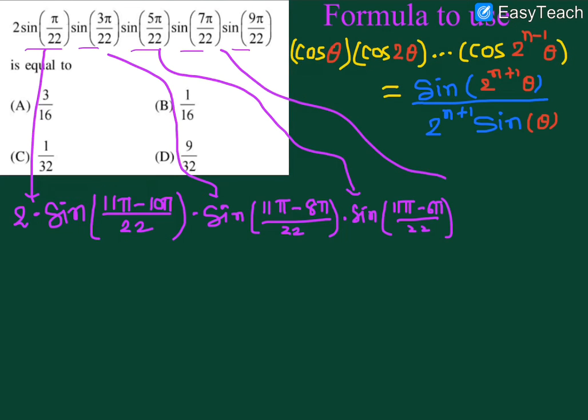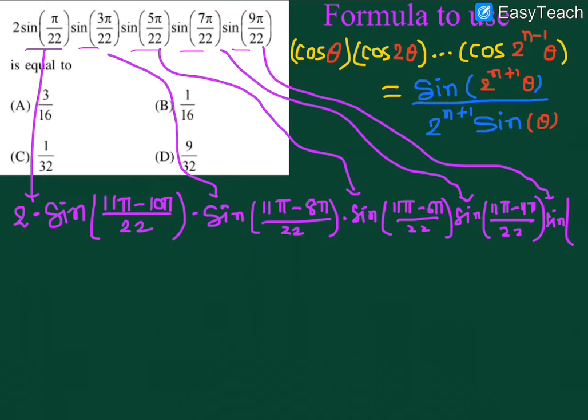Then the next term we can write as sine of 11 pi minus 4 pi upon 22. And then the last term, which is this one, we can write as sine of 11 pi minus 2 pi upon 22.